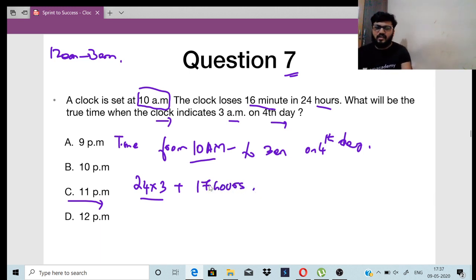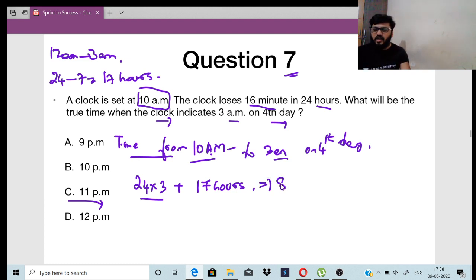From 10 a.m. to 3 a.m., how many hours will you be losing? You will be losing 7 hours there. Yes or no? So 3 complete days plus 17 hours, 24 minus 7, 17 hours. So it is 24 into 3 plus 17 hours.